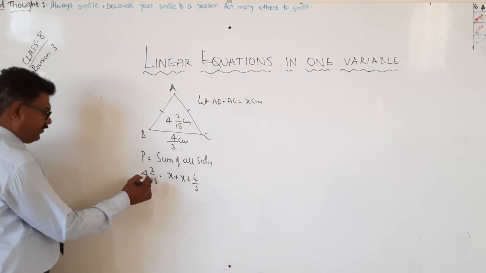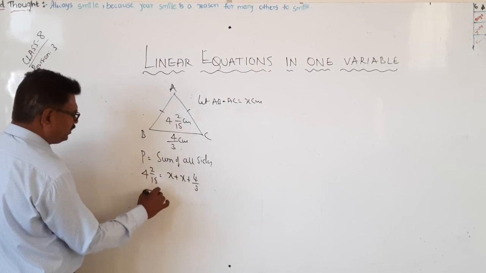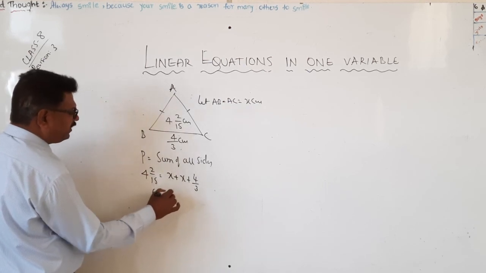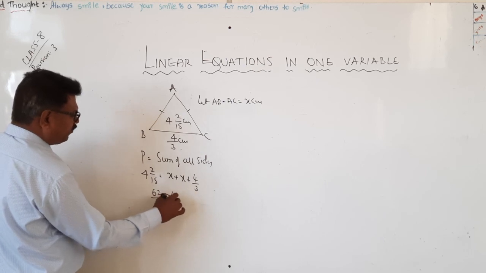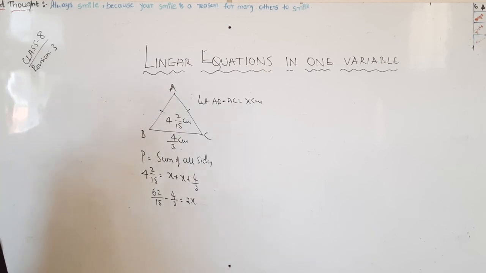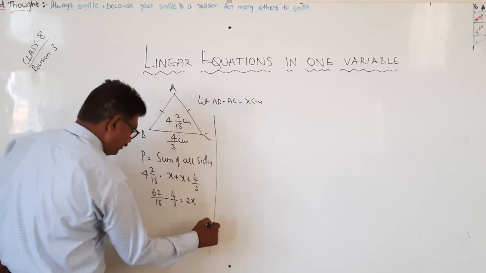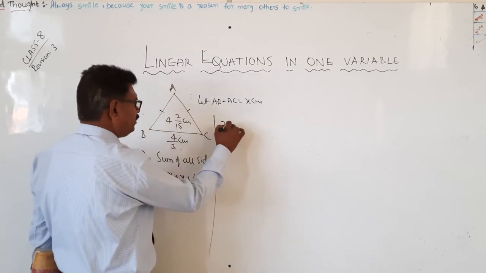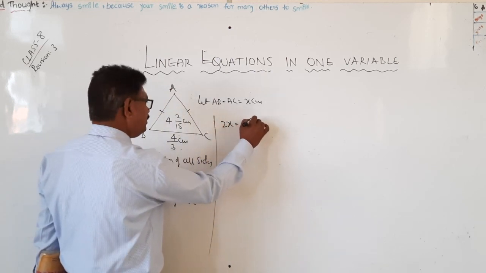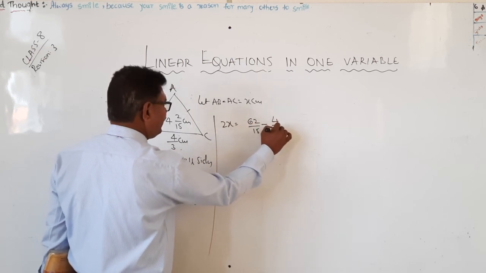Now 15 into 4 is 60 plus 2 is 62 by 15 minus 4 by 3 equal to 2x.